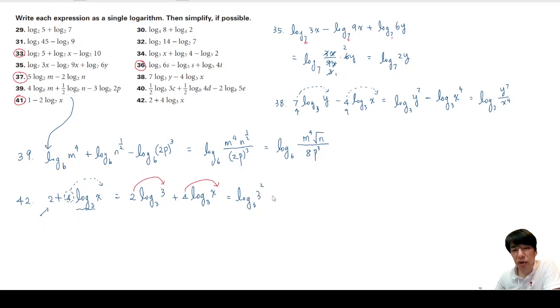That's log base 3 of 3 squared plus log base 3 of x to the 4th. And then combine the log. Combine these two logs with base 3. 3 squared is basically 9. So 9, that's plus. So that's 9 times x to the 4th. Okay, that's all.